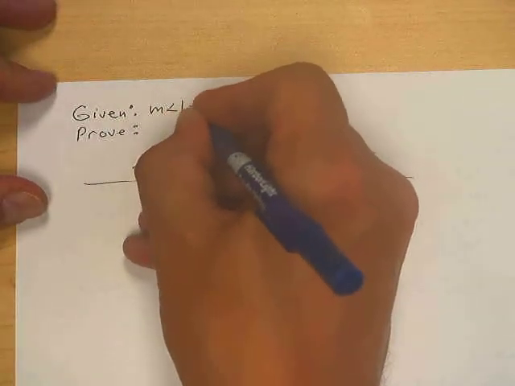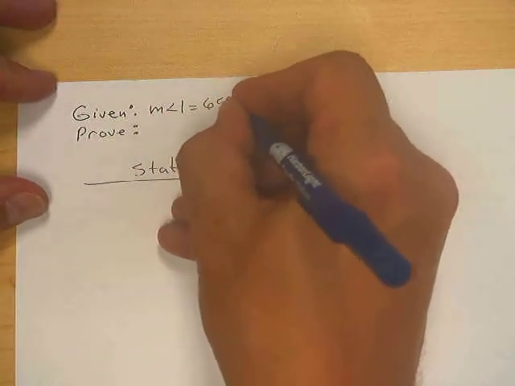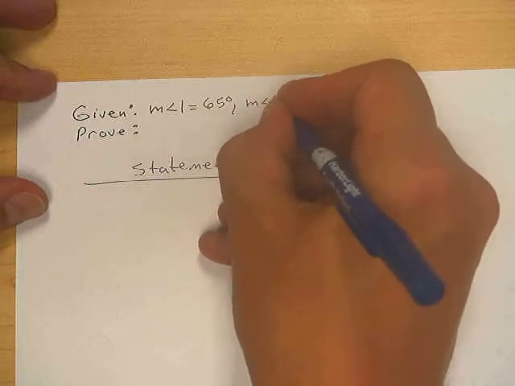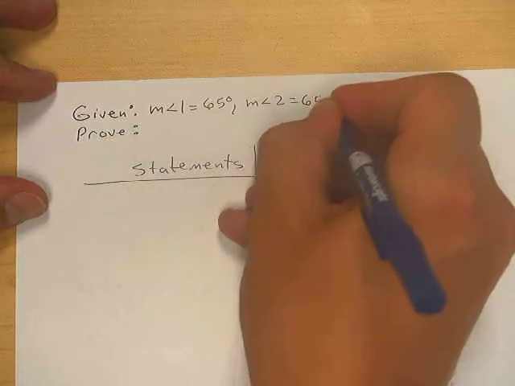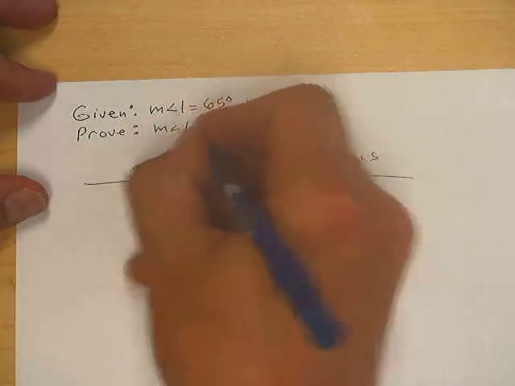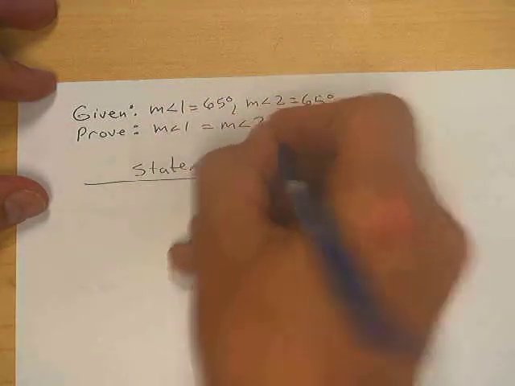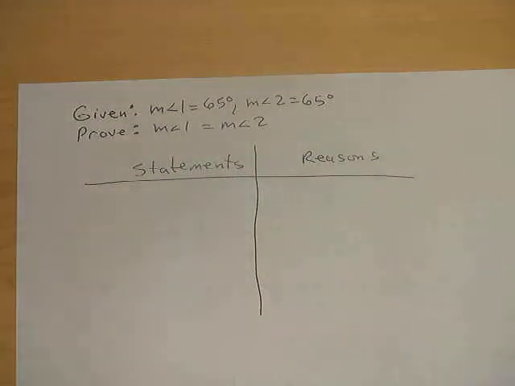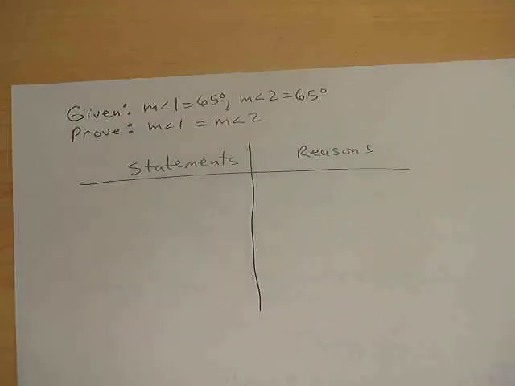So we're going to start off with, let's say we're given the measure of angle 1 is 65 degrees. The measure of angle 2 is 65 degrees. We want to prove the measure of angle 1 equals the measure of angle 2. Now you're thinking, it's obvious.